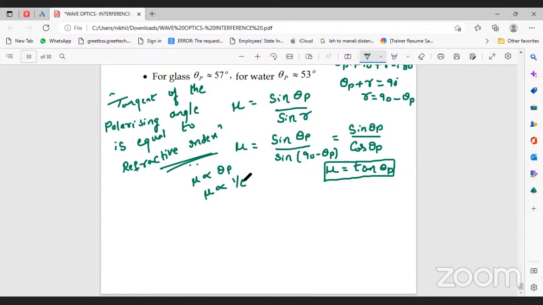More the critical angle, less the refractive index.